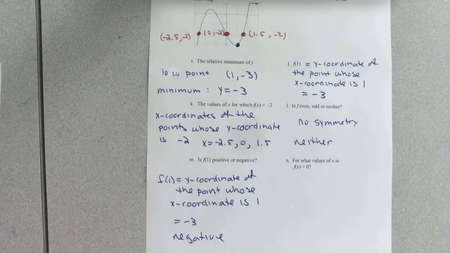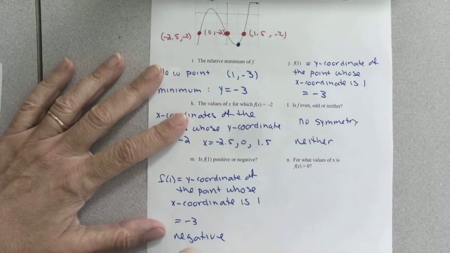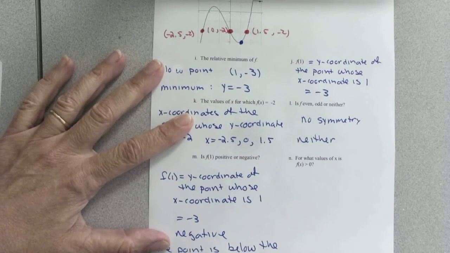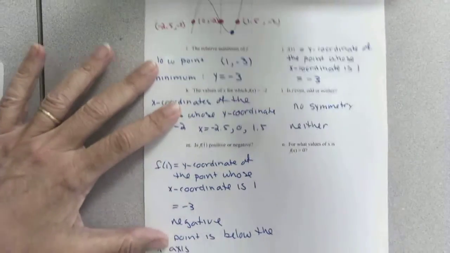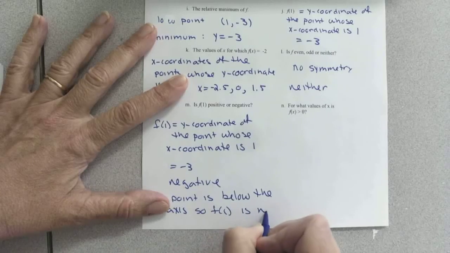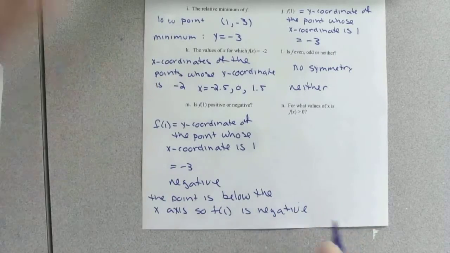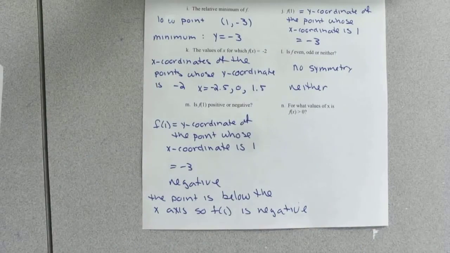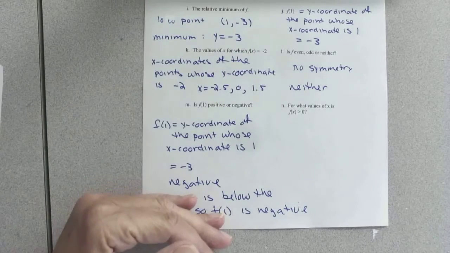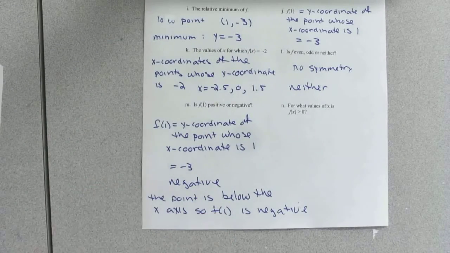But what they're getting at is note that the point is below the x-axis. And that's why f of 1 is negative. When a graph is below the x-axis, its values are going to be negative. And that's what they're trying to get at here. But the easiest way to answer that particular problem is just to figure out what the value is and say, well, that value is negative.